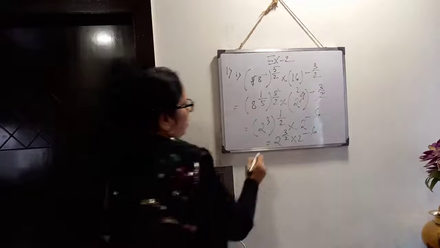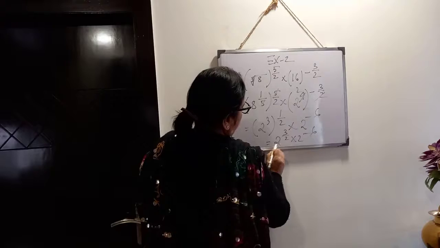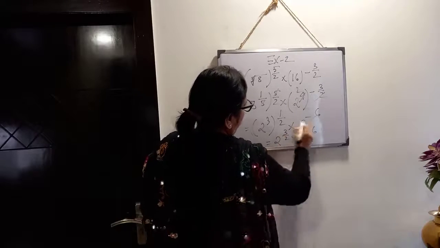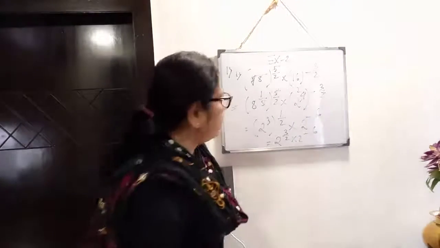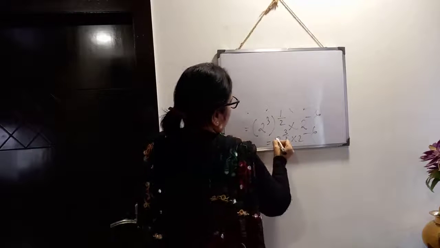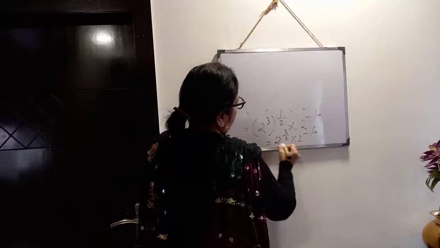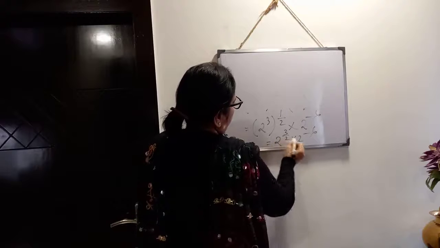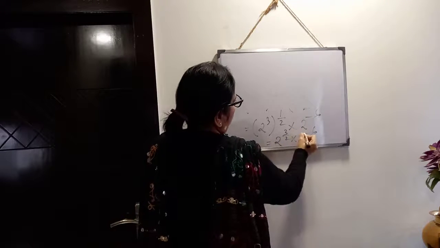Now see, there is a multiplication sign, the base is the same. So what can we do? We can add the powers by the rule of indices. It is possible only when the base is the same. If there is 2, there is 3, then powers cannot be added.